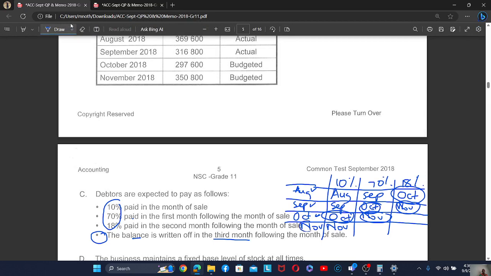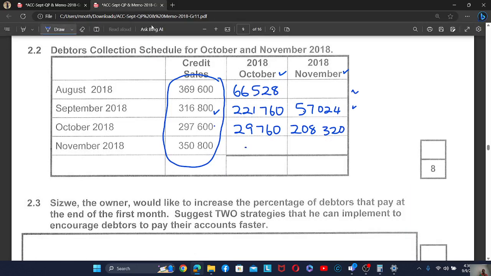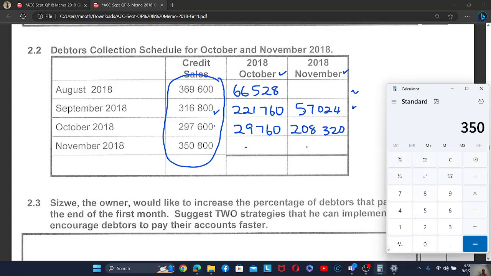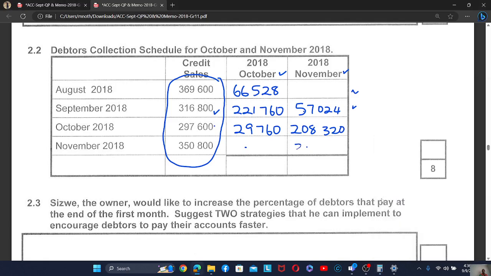Now in November, 10% will be paid in November. So that is times 10%, it is 35,080. If we are adding this, how much are we getting?